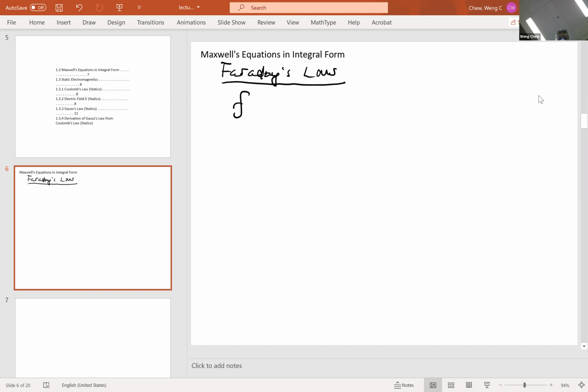And if I were to write Faraday's law, this is the way I write electric field. This is the line integral. And if I were to write this thing, Faraday's law says that this is proportional to the flux linkage.